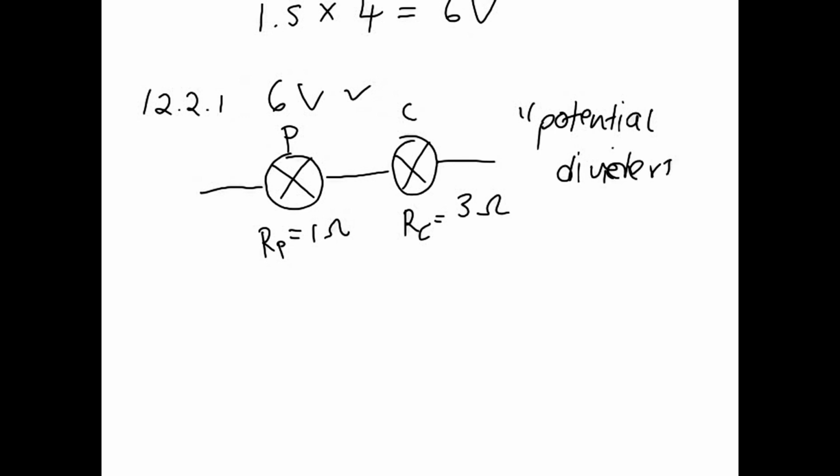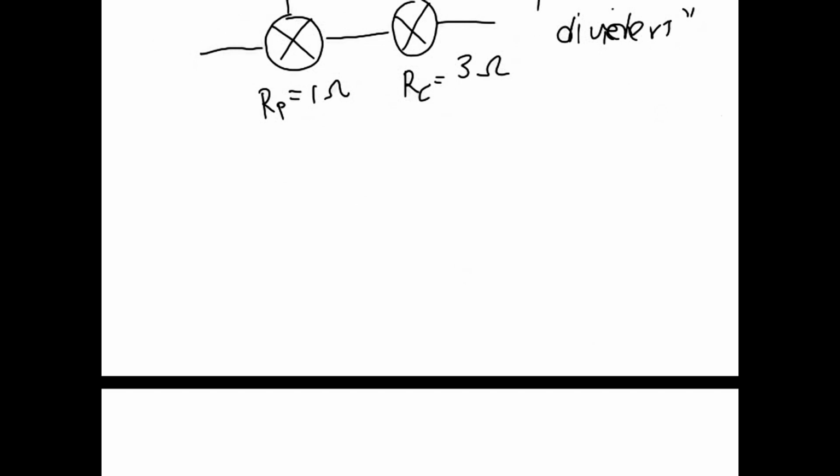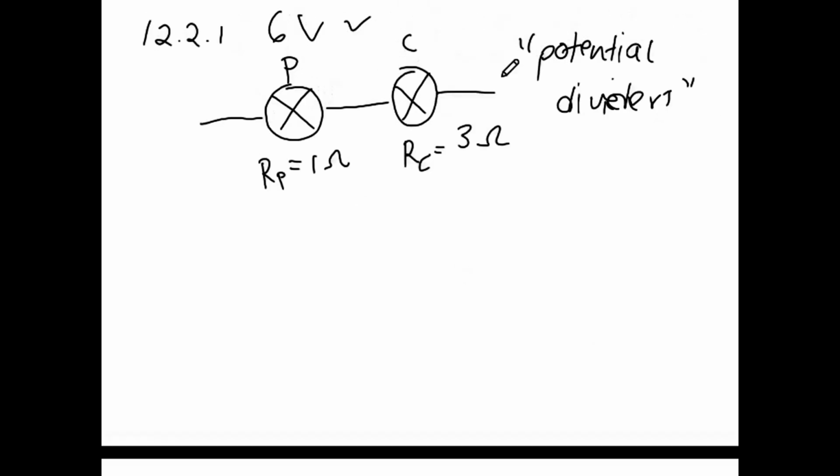This means that these two light bulbs will divide the total potential difference from the battery, which we determined here is 6 volts. So how will they share it? How do I know how much this light bulb P will have and how much this light bulb C will have? They share it proportionally.